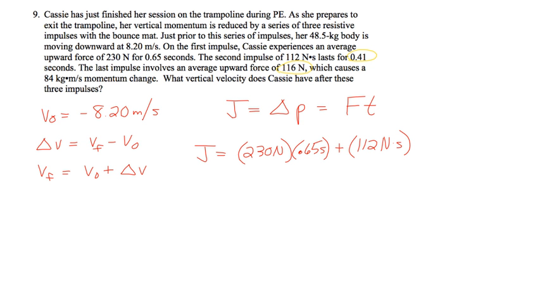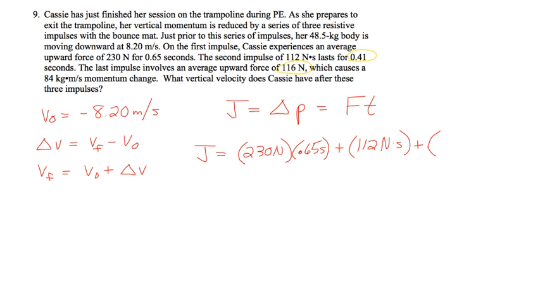And then the third, the last impulse involves an average upward force of 116 newtons, which causes an 84 kilogram meter per second momentum change. Well, if that's the momentum change, that's the impulse. Impulse equals change in momentum.